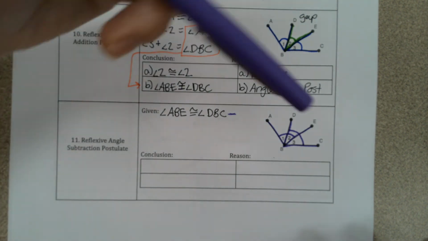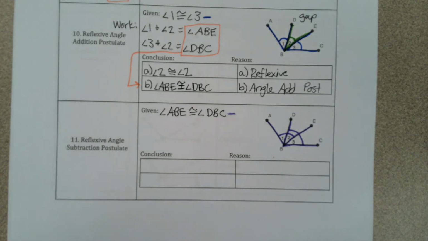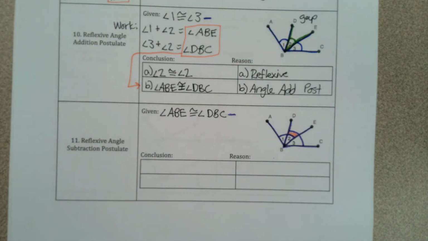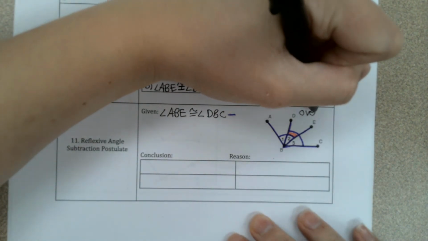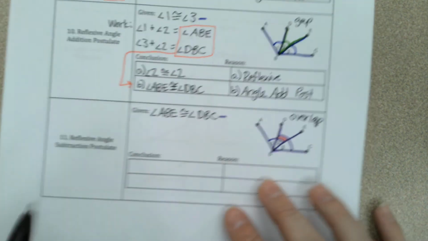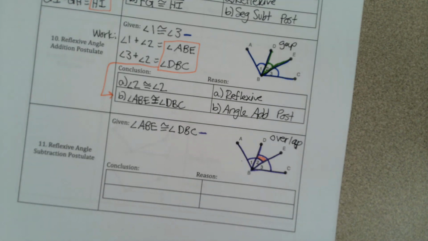The way I drew it, you can obviously see they overlap here at angle 2. So I'm just going to fill that in with the pink. There's where the overlap is. Remember, with the overlap, we're going to subtract, because we're going to take this piece out of both angles and see, are the remaining pieces still congruent?